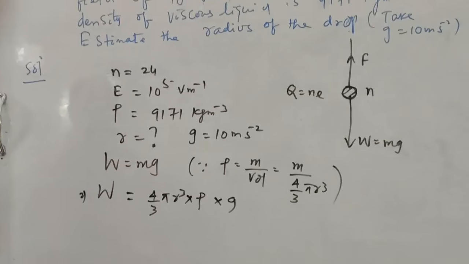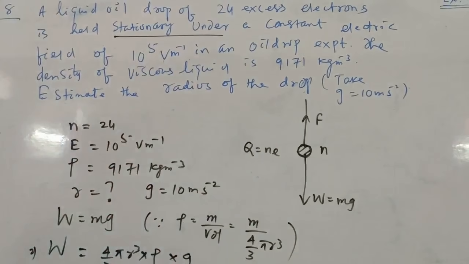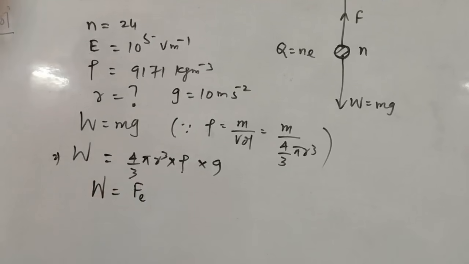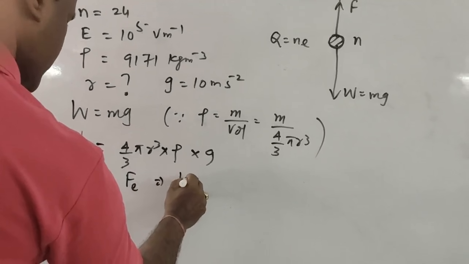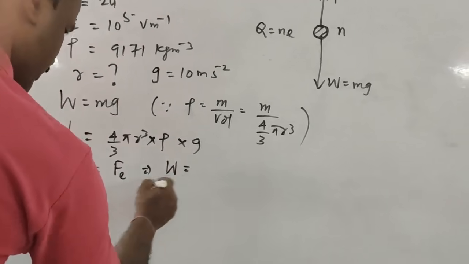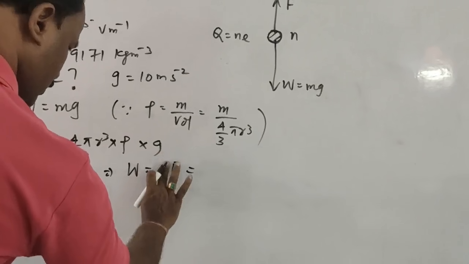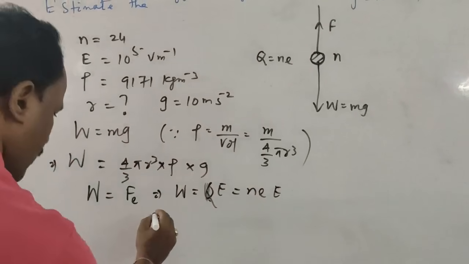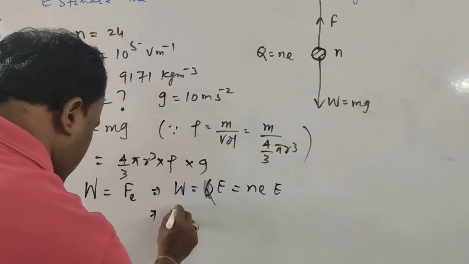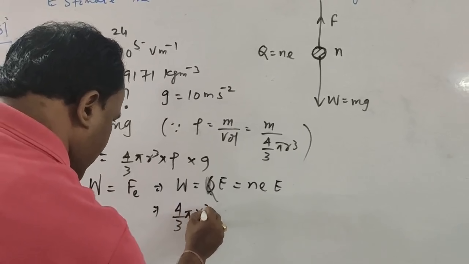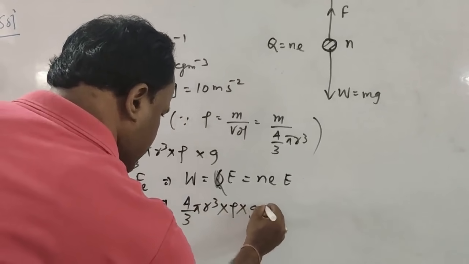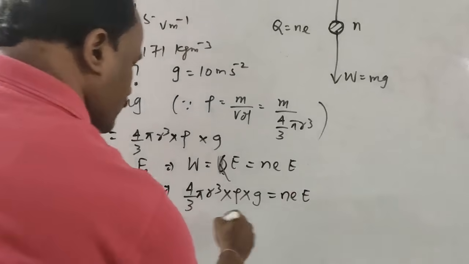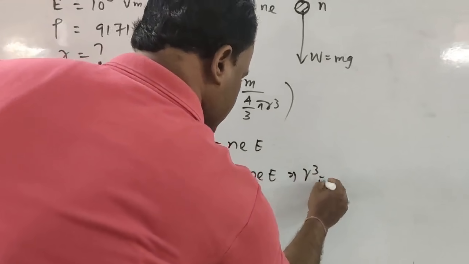But according to the question, since it is held stationary, the weight is balanced by the electrostatic force. W is equal to the electrostatic force qE. Q is already known, that is ne, and capital E. So 4 by 3 pi r cube multiplied by rho multiplied by g is equal to neE. Clear?